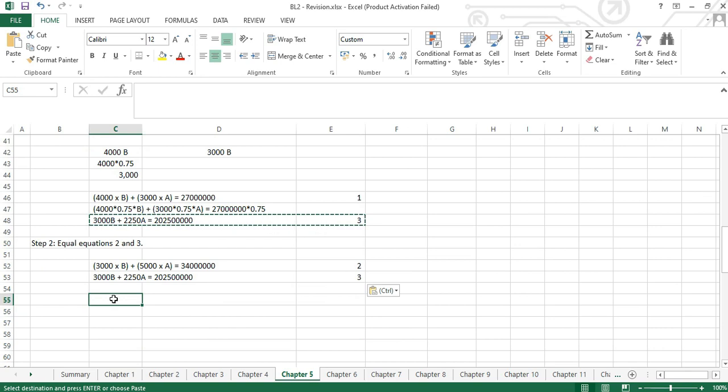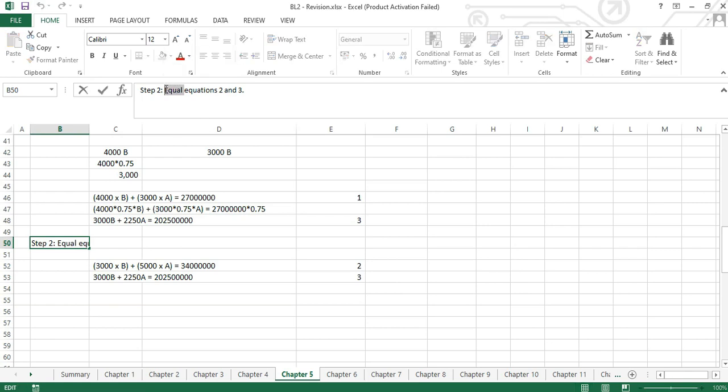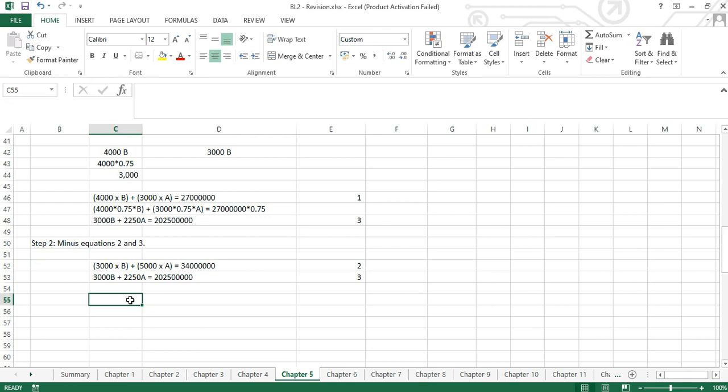We have to subtract equations 2 and 3. So 3000B minus the third equation's 3000B, plus 5000A minus the third equation's 2250A, should be equal to 34 million.